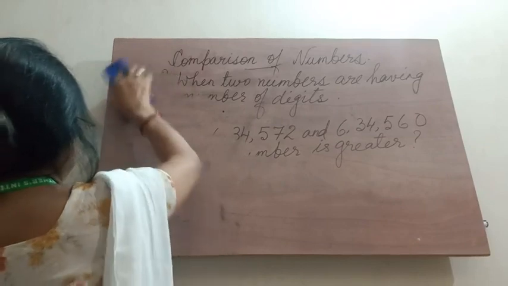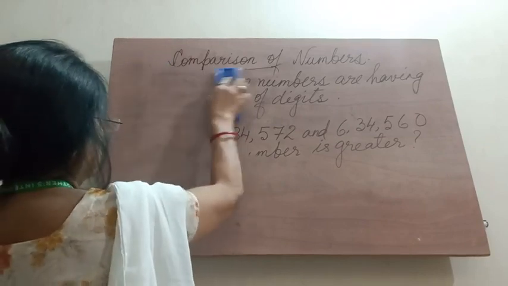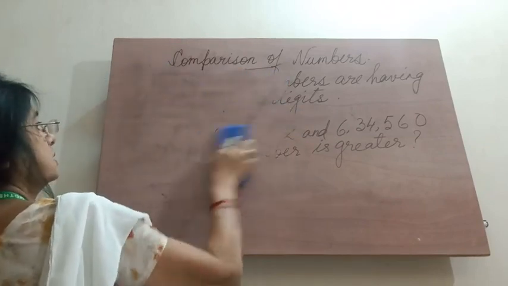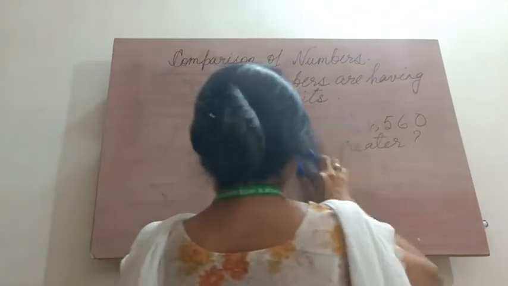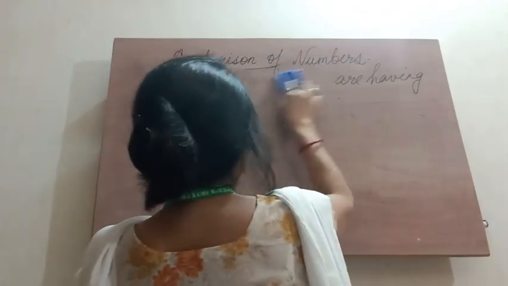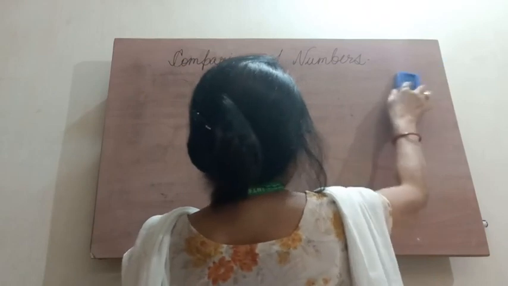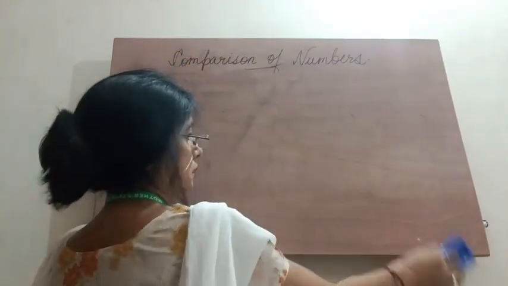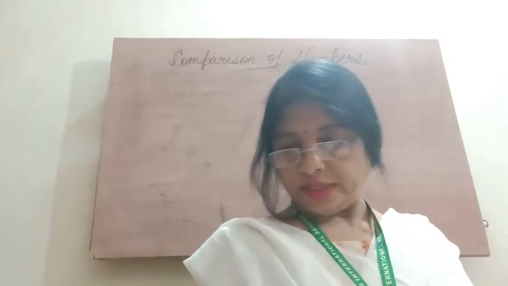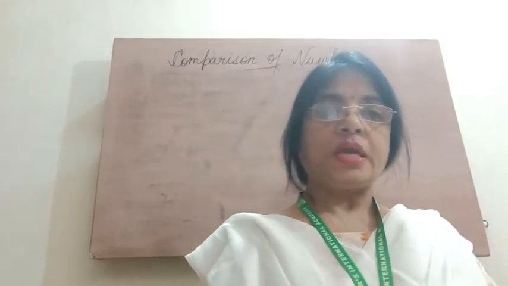Now students, we will discuss the exercises. So take out the exercises. Exercise 1D, page number 19. Okay. Take out exercise 1D, page number 19.